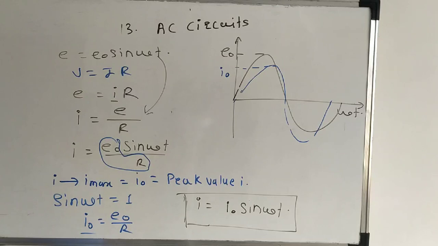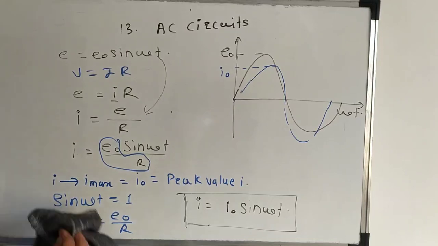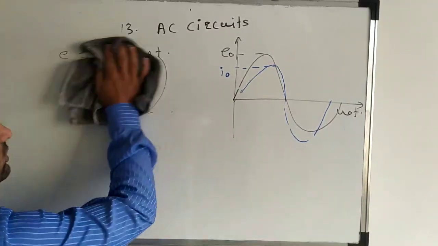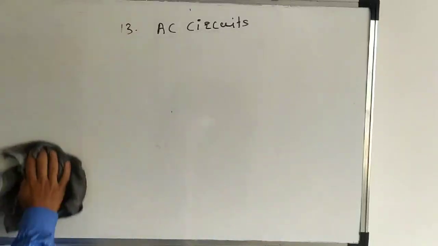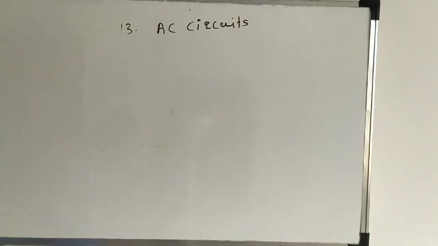Now the next topic. This is the first topic where we connected a pure resistor circuit to the AC. Now if you connect the AC to a pure inductor or inductor coil, how can we find the value of alternating current? In the second part, what will happen if you connect the AC circuit to the inductor?